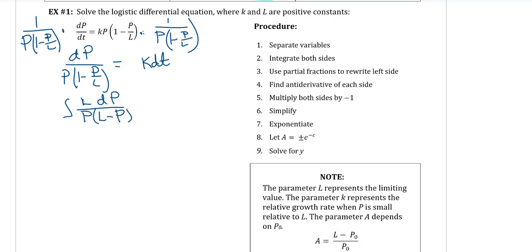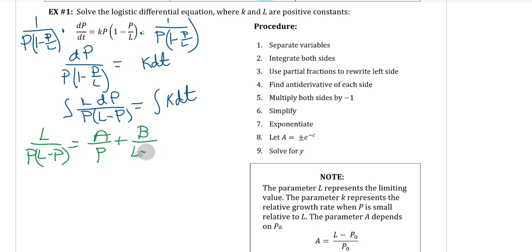The reason why I want to do that is now I have 2 factors that I can use to do partial fractions with. So now I'm going to look at L over p times L minus p. I'm going to write that as a over p plus b over L minus p.